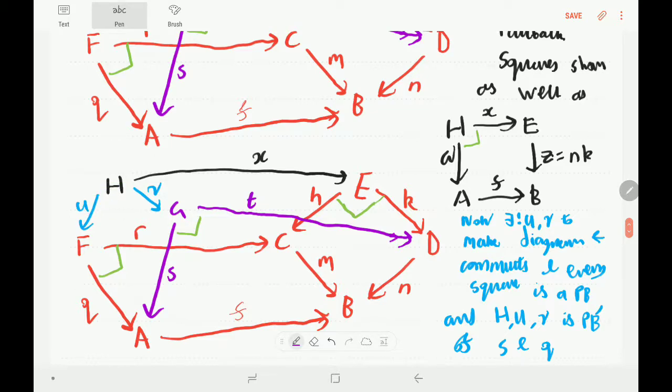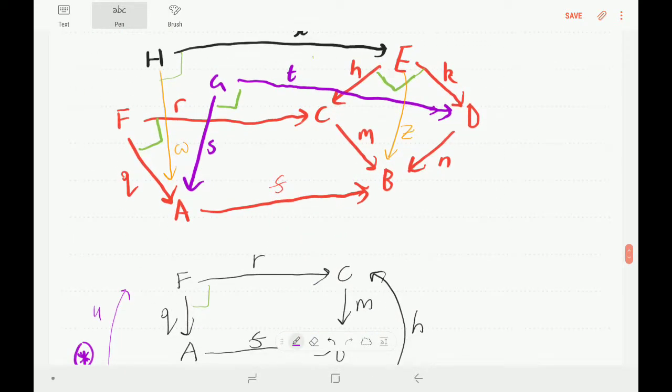How are we going to get U? Well, we want to apply our previous result to MHZ. So here is MHZ. It's a commuting triangle.